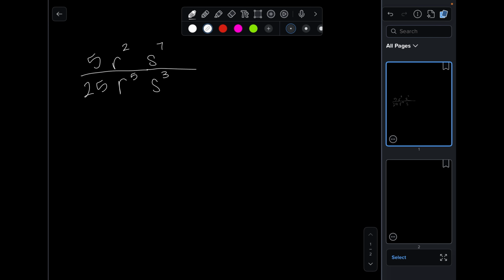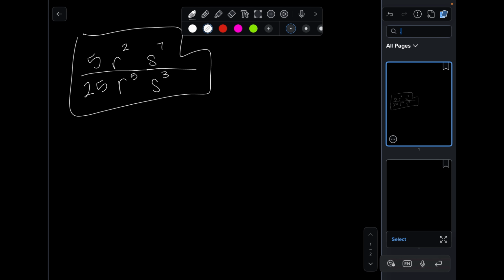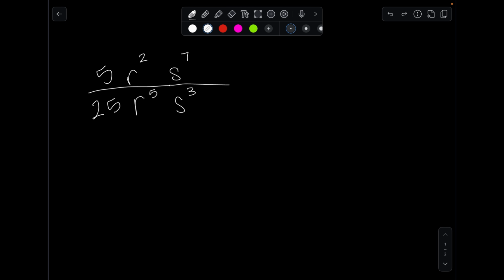I'm just making up a question. Say you had this question and you had to simplify. So what you're doing is simplifying these exponential expressions.